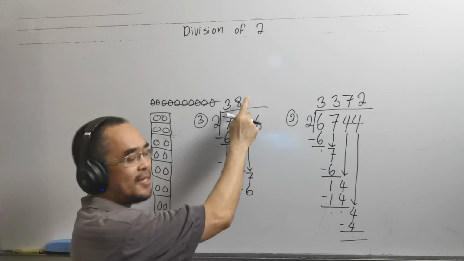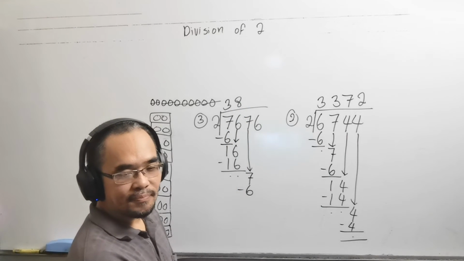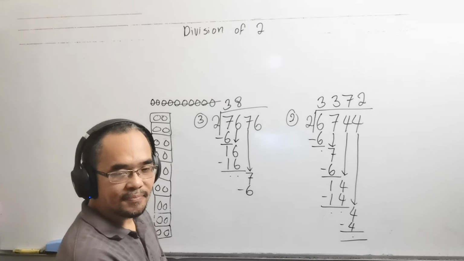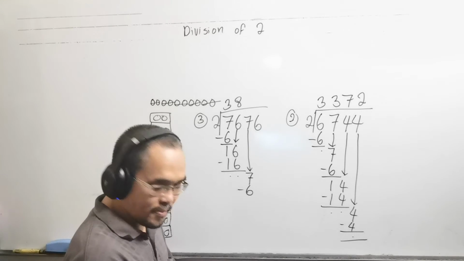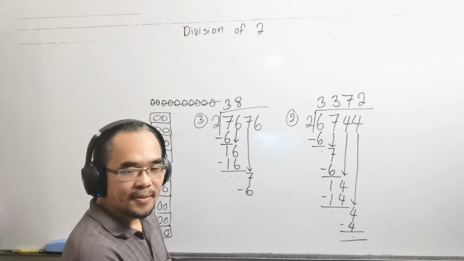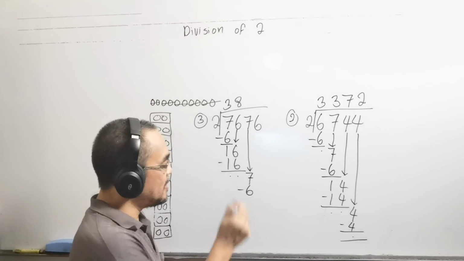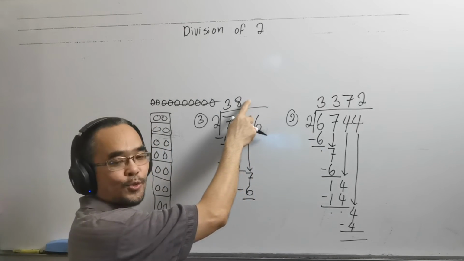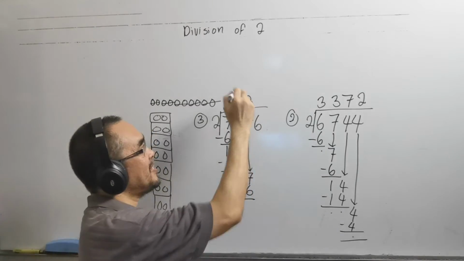And the top here? No. Until you get 6. 6 is here. But what is the number that you should write here? 3. Yes, correct.